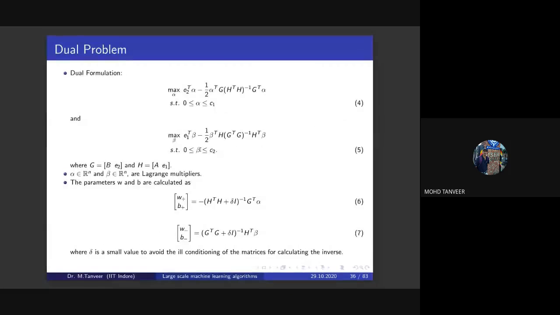Now you see the dual formulation, in the same manner we discussed in the previous formulations, in equations 4 and 5. You can see that the matrices appearing in the dual formulation may not be invertible all the time. We are writing the inverse of H transpose H and of G transpose G. These matrices may not be invertible all the time, so we need to add an extra regularization term manually, like delta, to avoid this ill-conditioning in calculating the inverse of the matrices.